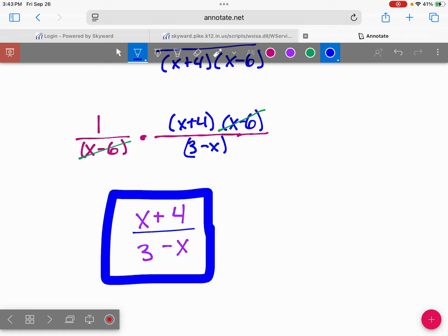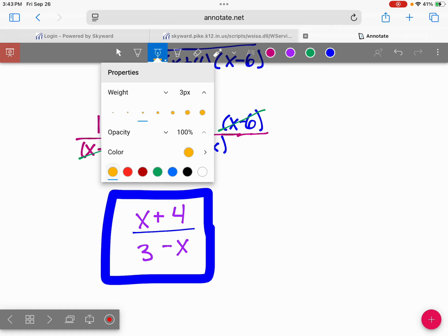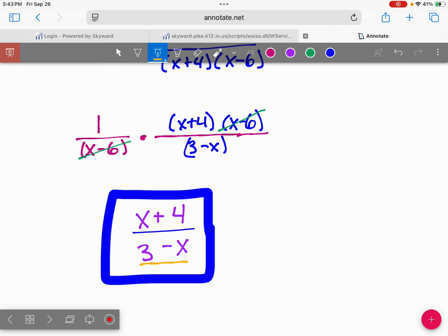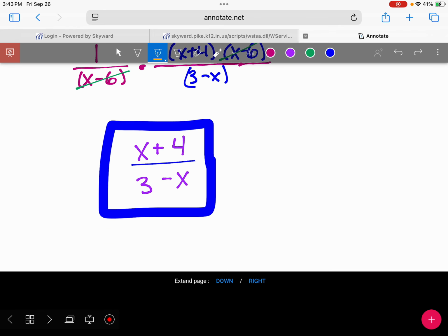We still need to pay attention to our domain though, because even now we have a new piece in our domain that would give us another 0 in our denominator. If that's not something we can spot off the top of our head with the 3 minus x, set it equal to 0 to solve and see what that would be. Our new excluded value is that x cannot be 3.